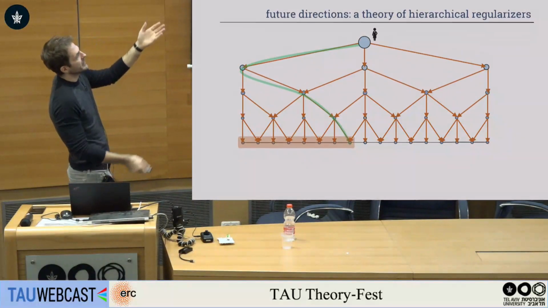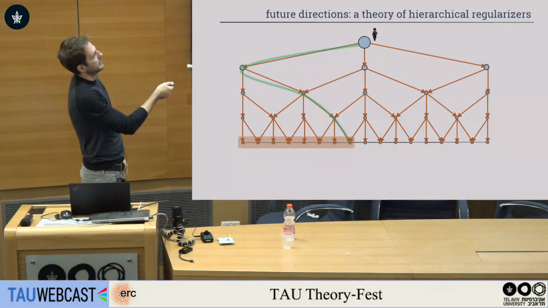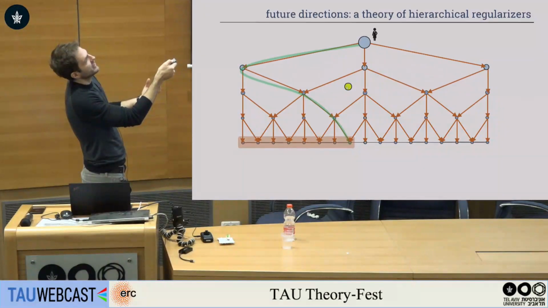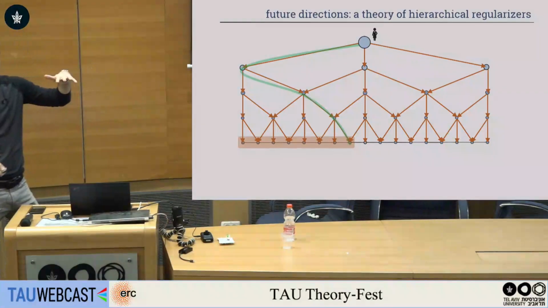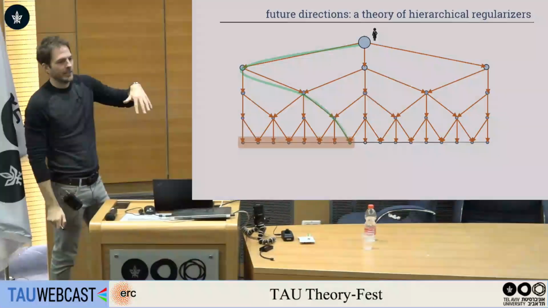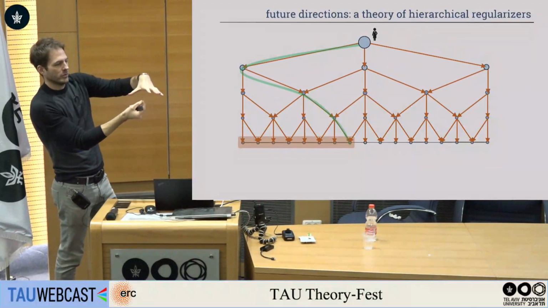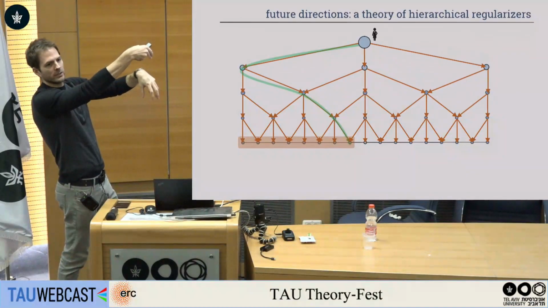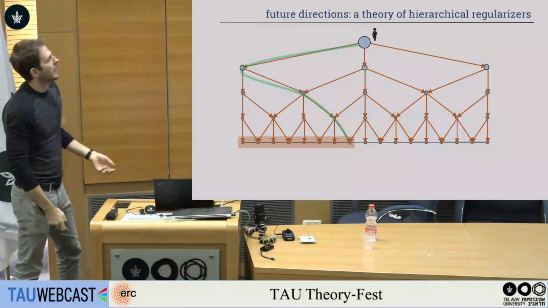So the point is that these high-level edges move slowly enough that the algorithm will converge to the optimal solution on that sub-instance before the high-level edges will want to switch to a different sub-instance.